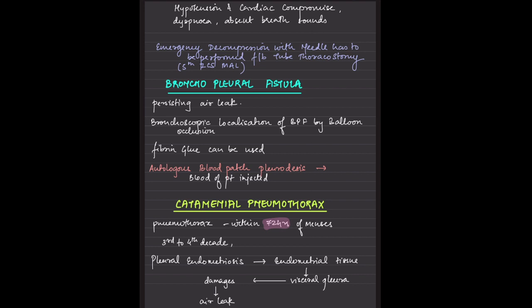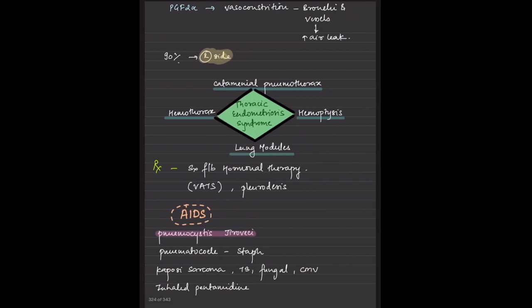Okay, coming to an interesting topic, that is catamenial pneumothorax. That means during menses, certain females suffer from dyspnea and respiratory distress, and that could be because of pneumothorax, which occurs within 72 hours of menses and is seen in the third to fourth decade of life. This is because endometrial tissue relocates into the visceral pleura and damages it, causing the air leak.